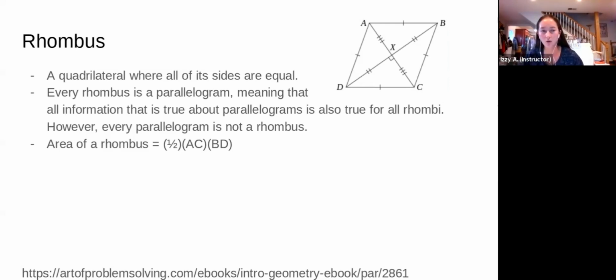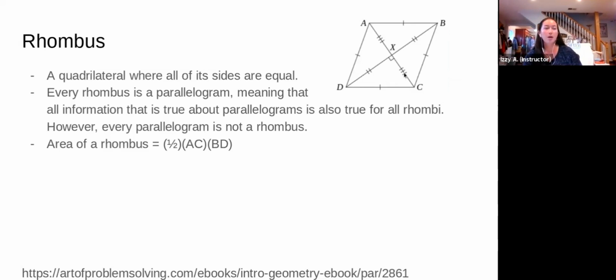Okay. I don't know if I finished this piece of information, but every rhombus is a parallelogram, but not every parallelogram is a rhombus, because a parallelogram has two sets of parallel sides, while in a rhombus all the sides are equal to each other.